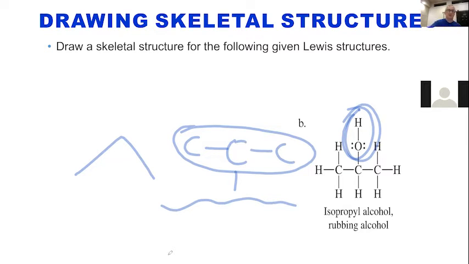So the substitution is on carbon number 2. 1, 2, 3, that's carbon number 2. So we draw the bond to the oxygen, and then that's it. We do include the hydrogen if it's attached to an oxygen or a nitrogen.